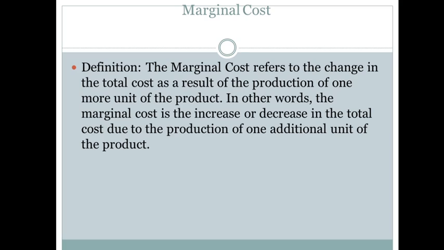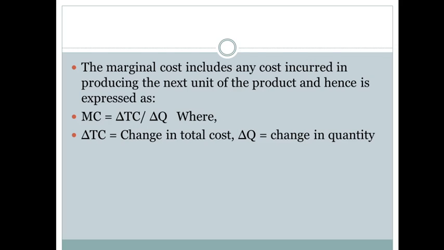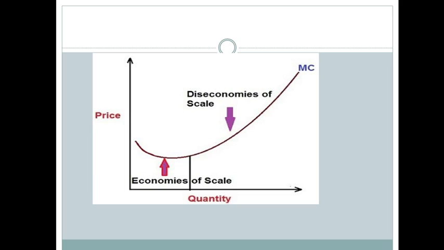Whatever cost we incur in the production of an additional unit, that cost is known as marginal cost. The formula is marginal cost is equal to change in total cost divided by change in quantity.